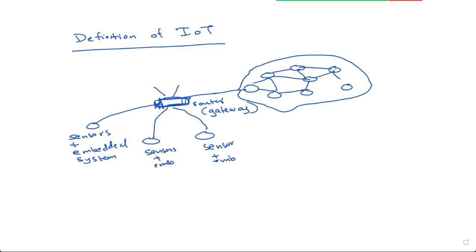We have this web of routers and switches, which is known as the internet, and we connect our LAN, our local network, to this internet through this gateway.